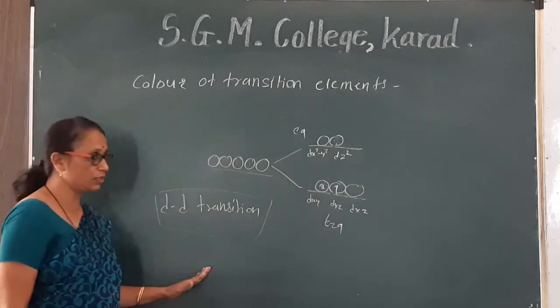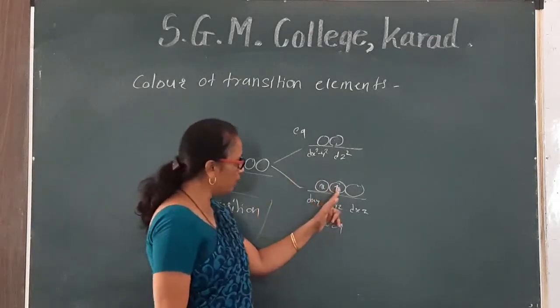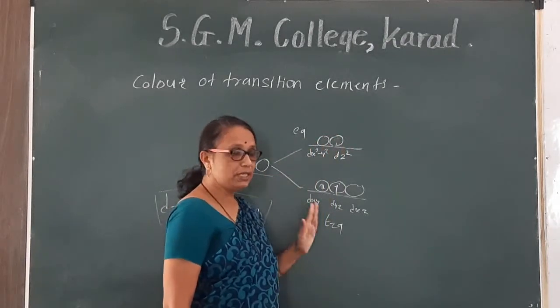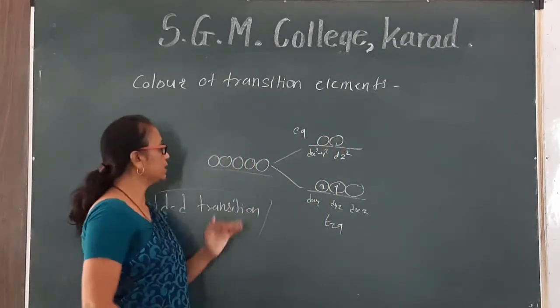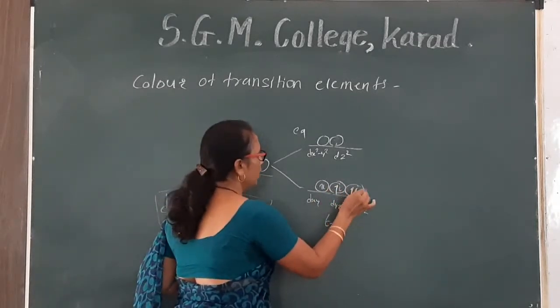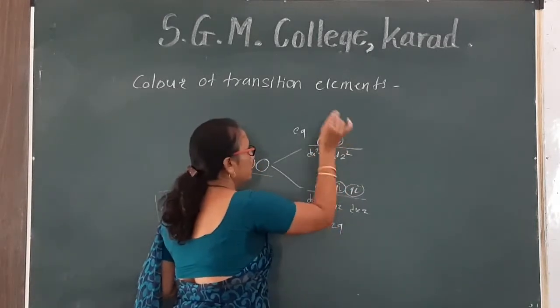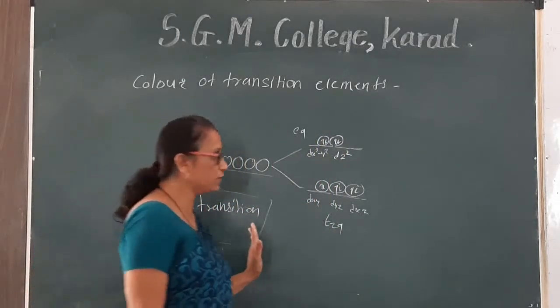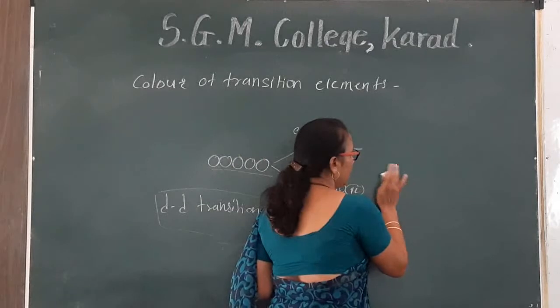If there is any one unpaired electron, then d-d transition is possible. But if all the d orbitals are completely filled, that is, all the d electrons are paired, then d-d transition is not possible, and hence they are colorless.